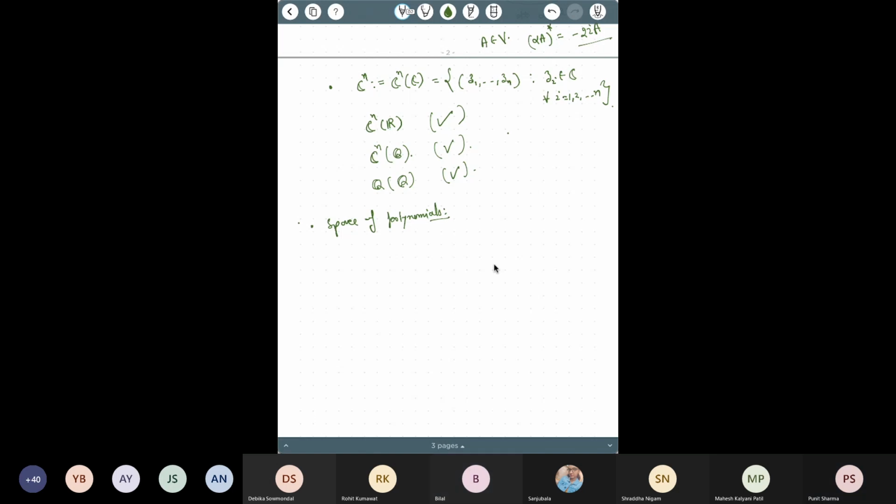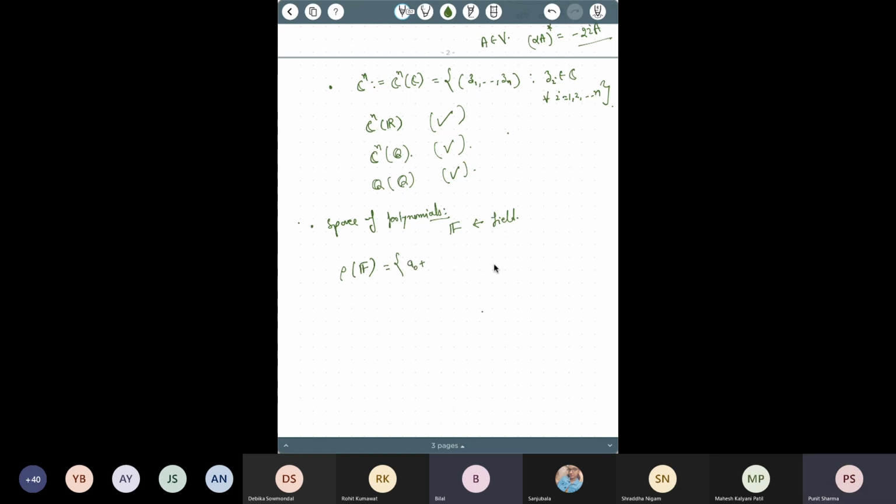Okay, so let's say again we have a field F. Then look at the set of all polynomials, which I denote by P over F. So it is the set of all polynomials. How would I write this set mathematically? A0 plus A1x plus A2x squared, and so on up to An x to the power n.